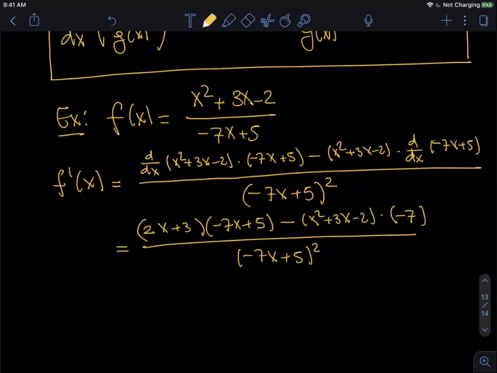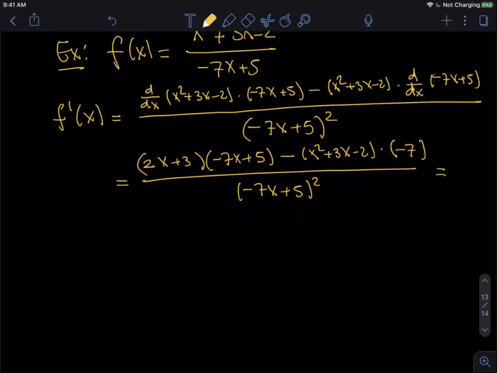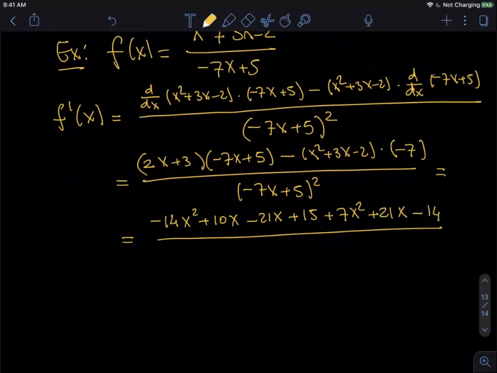Okay, and we don't leave it like this. We try to simplify. So this is minus 14x squared, sorry, plus 10x minus 21x plus 15 plus 7x squared plus 21x minus 14, divided by, and this we can leave, (negative 7x plus 5) squared.